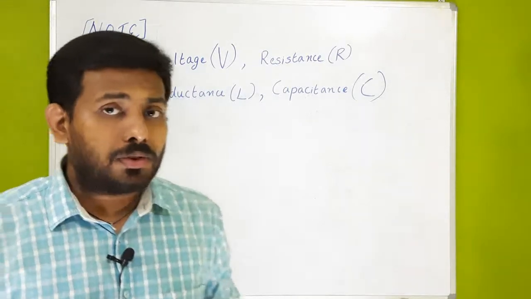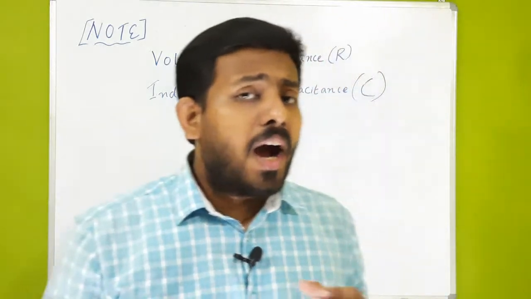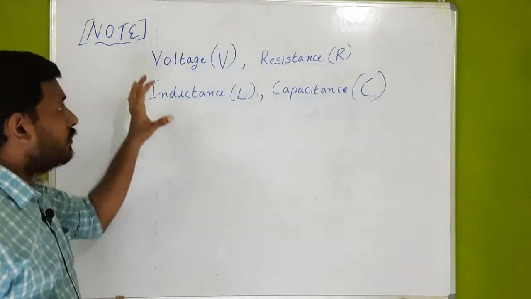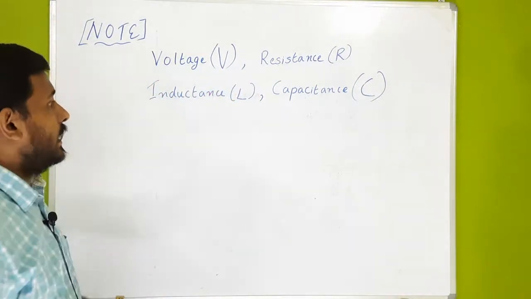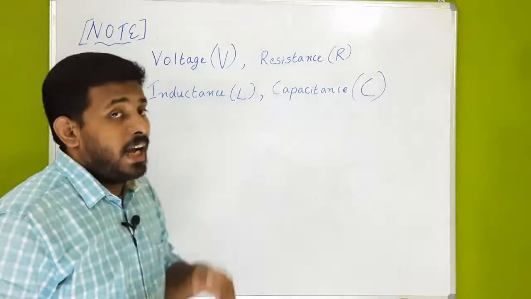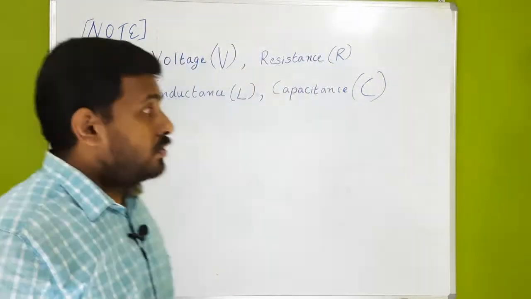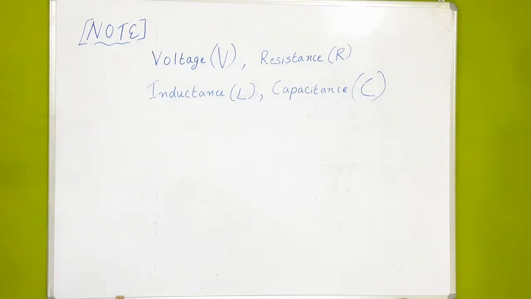Before going to the next question, I will tell you how to derive the dimensions of these quantities, that is voltage, resistance, inductance, and capacitance. So let's first take voltage.